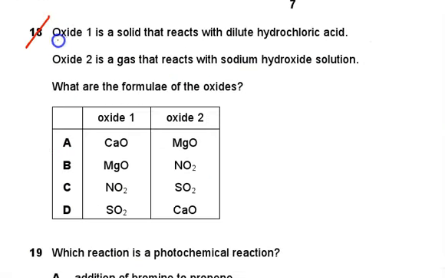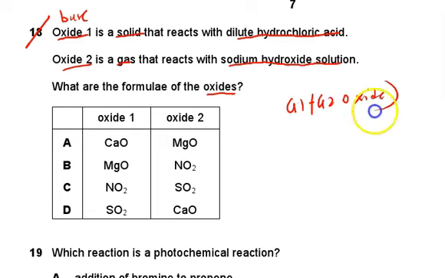Okay, number 18, oxide 1 is a solid that reacts with dilute hydrochloric acid. Oxide 2 is a gas that reacts with a sodium hydroxide solution. So what are the formula of the oxides? For oxide 1, it should be a base. So group 1 and group 2 oxides are bases.